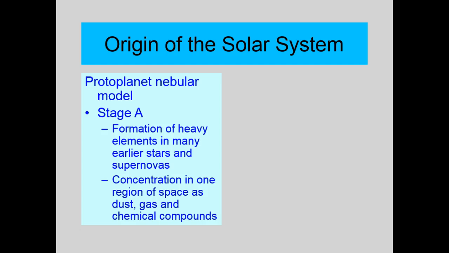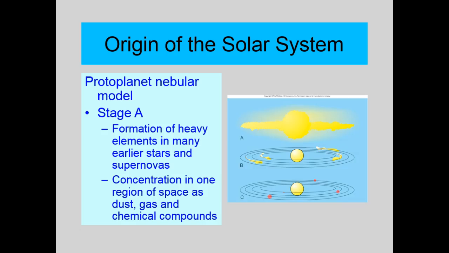In stage A, this is the formation of the heavy elements in many earlier stars and supernovae. Okay? Now, this is a solar system, so the sun's being formed at the same time that we are. And that's this picture here.